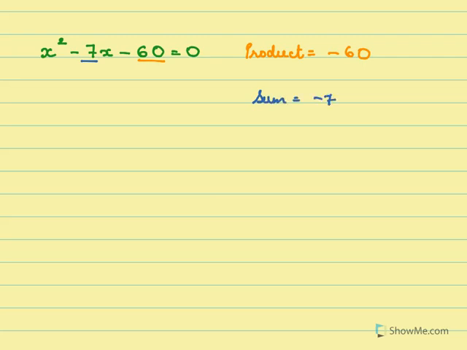Now to get 60, we know it could be 12 and 5, right? 12 into 5 is 60, and 12 minus 5 is 7. So our factors are 12 and 5. Now I have to get minus 7, so it is minus 12 plus 5. And here minus 12 into plus 5 gives you minus 60.